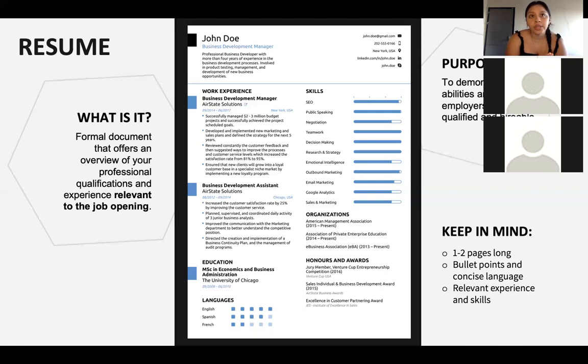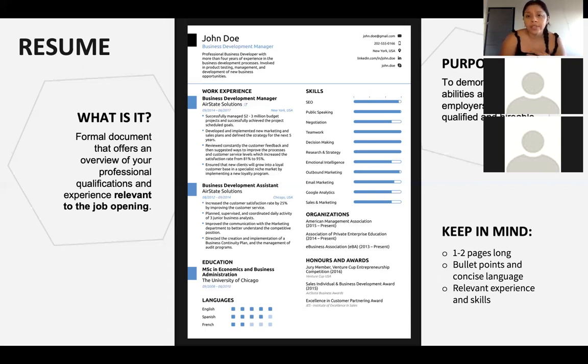For students who probably don't have prior experience, you will add whatever you've done. But when you start building experience and need to pick what's best, you're always going to pick what's the best fit for the company. And this could be so many different things, and we're going to see what's included in it.